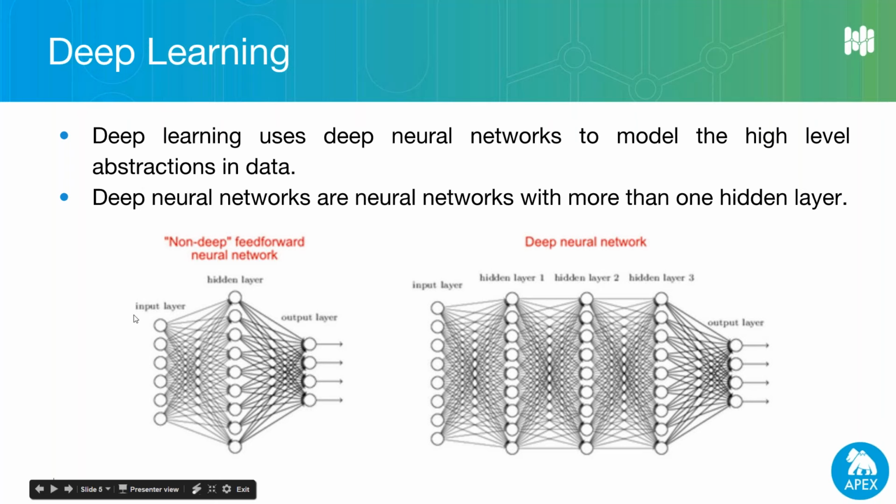Any neural network will have an input layer where you get data from outside the system. Then there are multiple hidden layers where a lot of processing happens, and the output layer where you get results. In common deep learning algorithms, you will have multiple hidden layers.